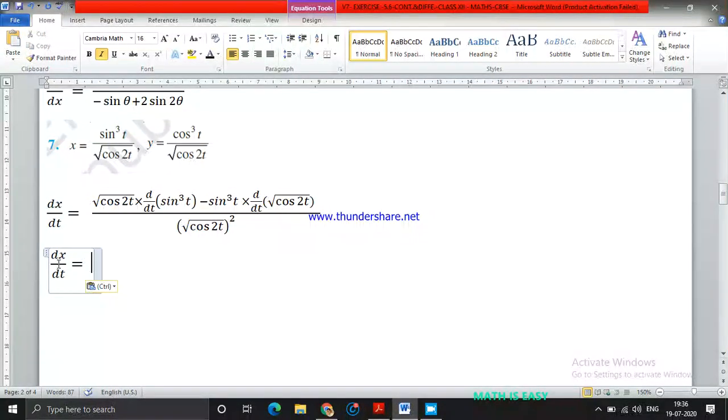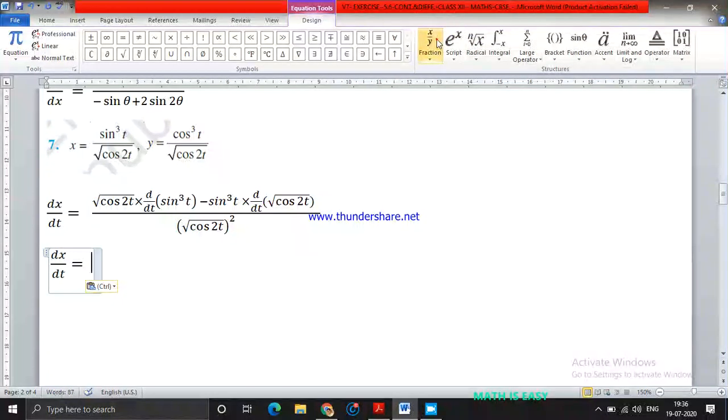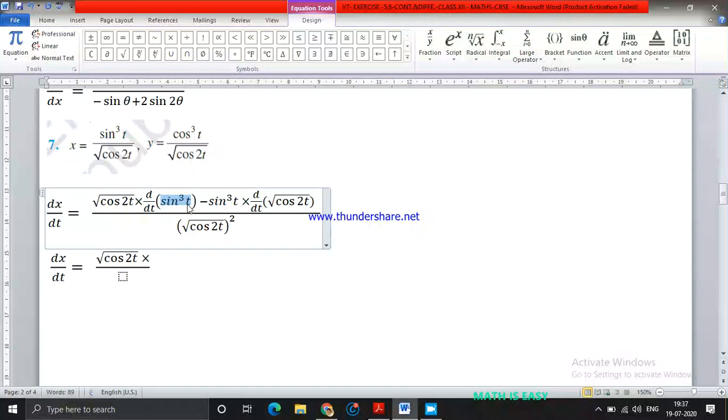equals to. Now let me see how the differentiations will go on. First, this term will remain as it is, multiplied by the derivative of sine cube t.